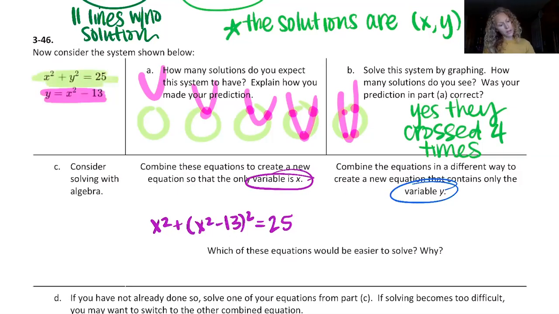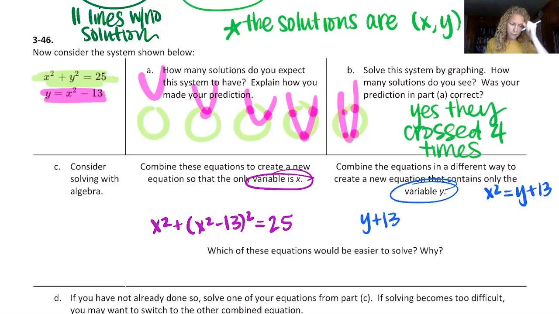I know that in the bottom equation, x squared is the same as y plus 13. So I could actually do y plus 13 instead of my x squared, plus my y squared is 25. So 2 different equations solved for a single variable.